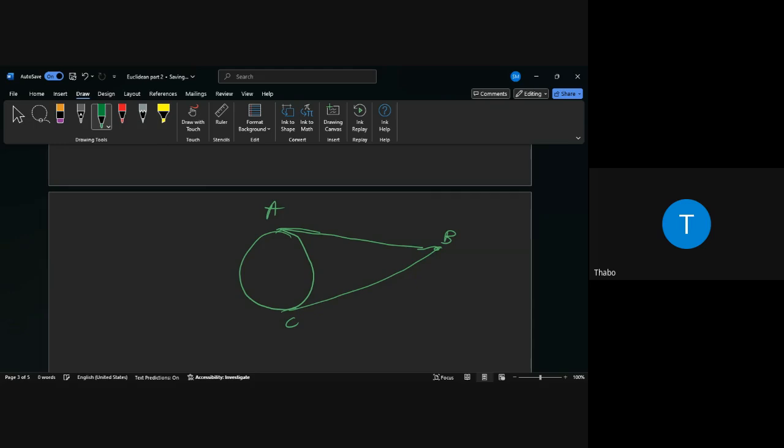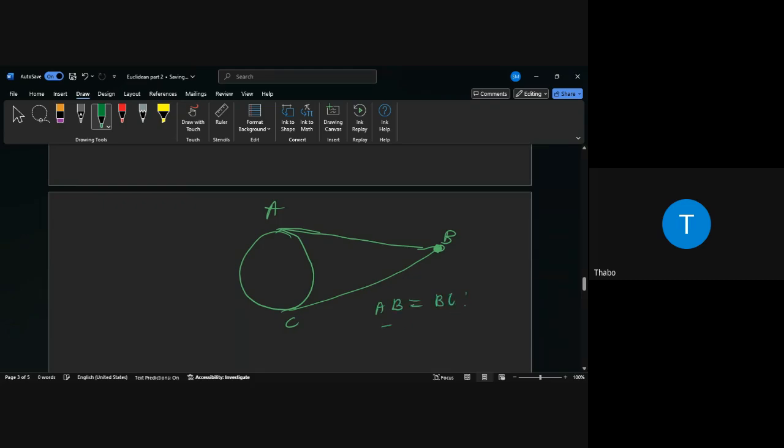Okay guys, let's check here. I have two tangents. They are drawn outside the circle. We are saying these tangents are drawn from the same point outside the circle. They are both tangents to the same circle, and they are drawn from the same point, which is point B, outside the circle. We are saying therefore tangent AB is equal to tangent BC.